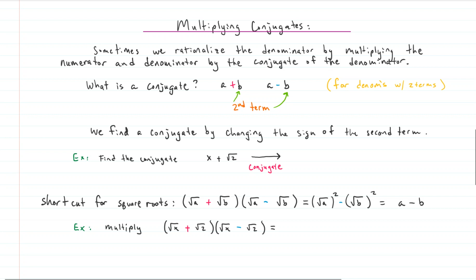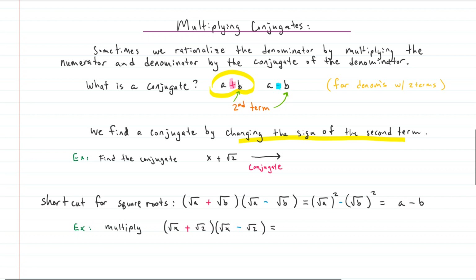So what is a conjugate? A conjugate is something that's super easy to find. If you're given an expression, a plus b, you find the conjugate just by changing the sign of the second term. So this plus changes to minus. That's it.